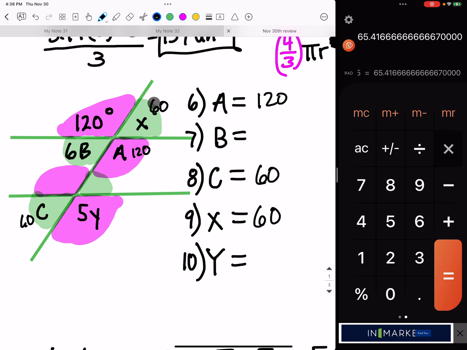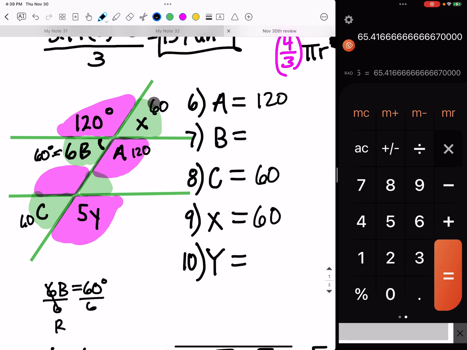In here there are 60 degrees. This is going to be 60 degrees right there where B is. But that's not one B, that's 6 B's. So 6 B's equals 60 degrees. I divide by 6, now that I'm getting good at algebra, and B equals 10.